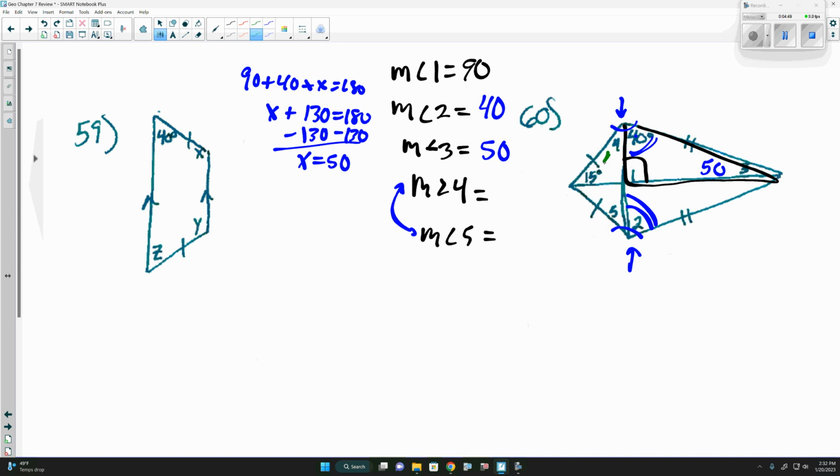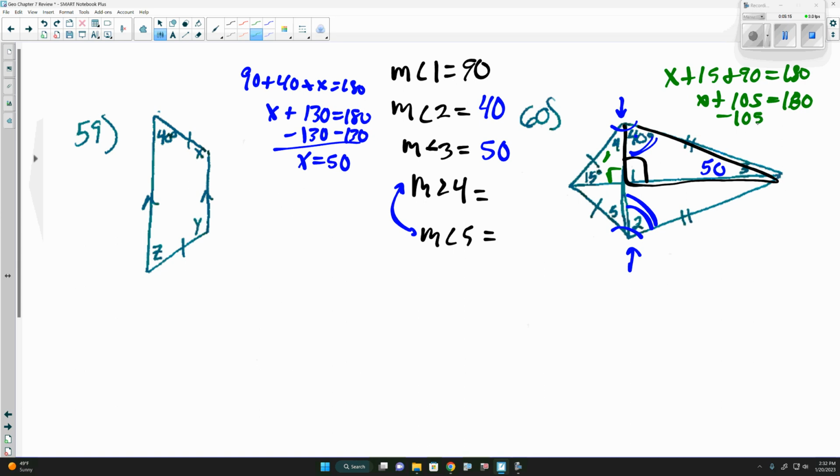So 50 plus 90 plus 4 is equal to 180, but it is also still a right triangle. So we could say angle 4 plus 15 is equal to 90. Either way works. So we say the measure of angle 4 plus 15 degrees plus 90 is 180. Well, 15 plus 90 is 105.